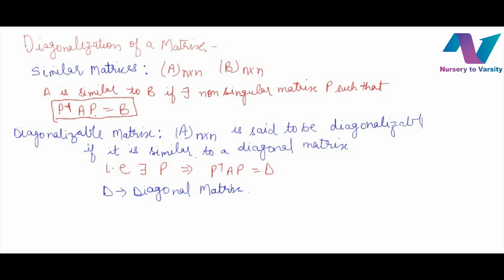Again, a square matrix A of order n is said to be diagonalizable if it is similar to a diagonal matrix. And what does this mean? That there exists a non-singular matrix P such that P inverse AP is equal to D, where D is a diagonal matrix.